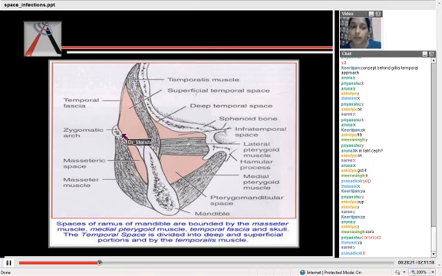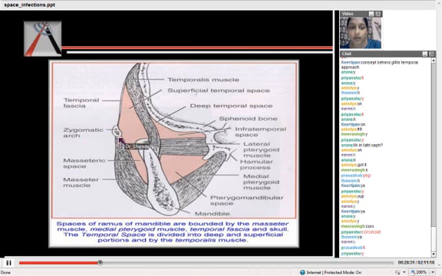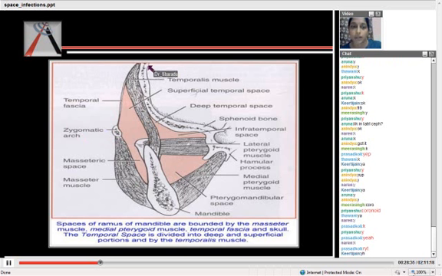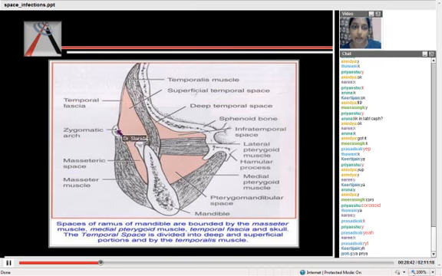Now, how will your zygomatic arch look like? It's going to look like a small circle. Is it not? When you cut it, the cross section is going to look like a small circle here. Can you see the circle here? So what happens is, the fascia, which is going to be obviously outer to the muscle, is going to come like this and join your zygomatic arch.